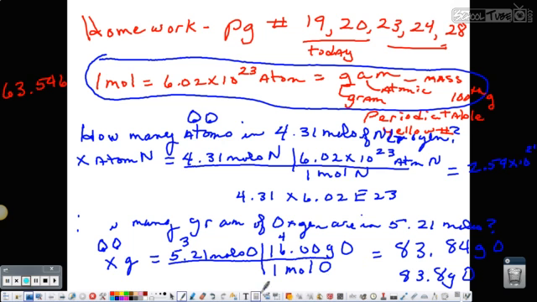10 to the 24th. I can't get my 24th in there. Alright, so I'll write it down again. 2.59 times 10 to the 24th what? Atoms, nitrogen.